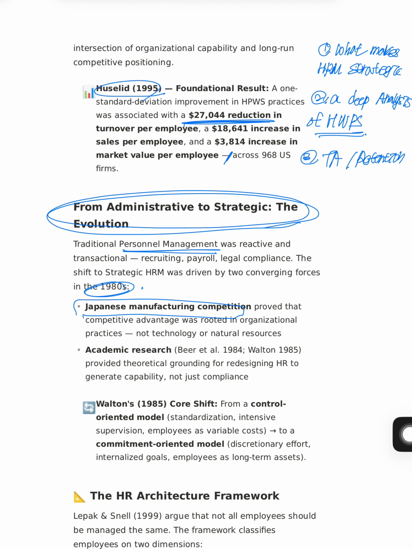The human organization was the competitive weapon, and Western firms were losing.